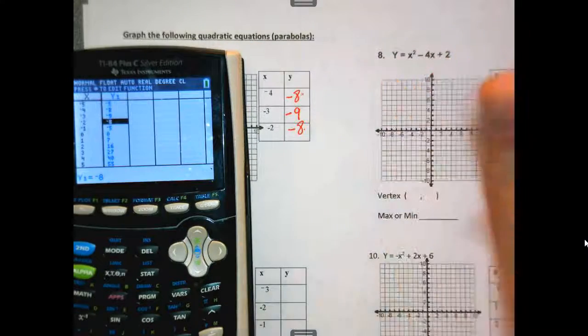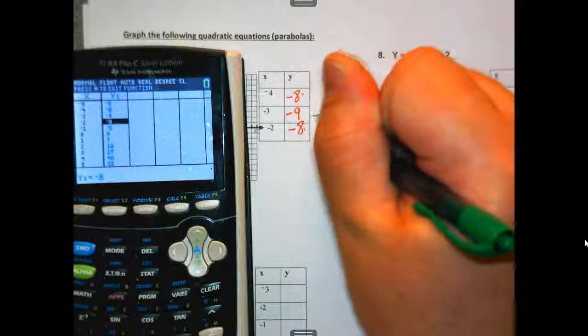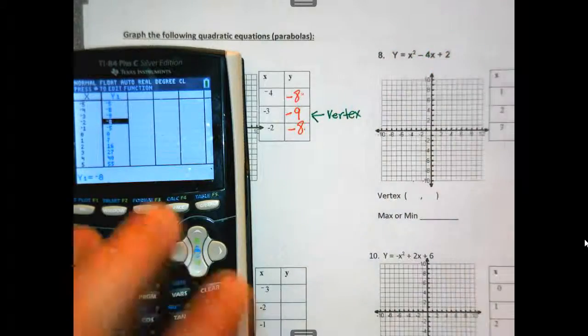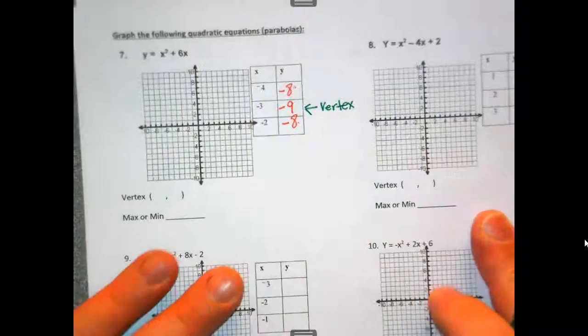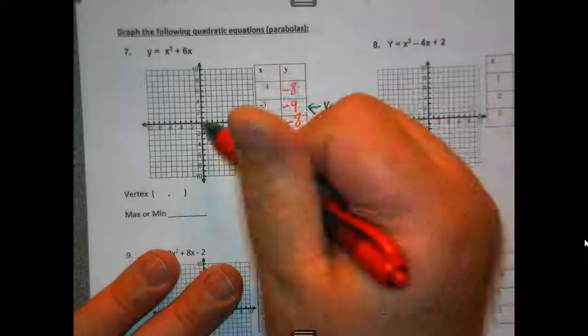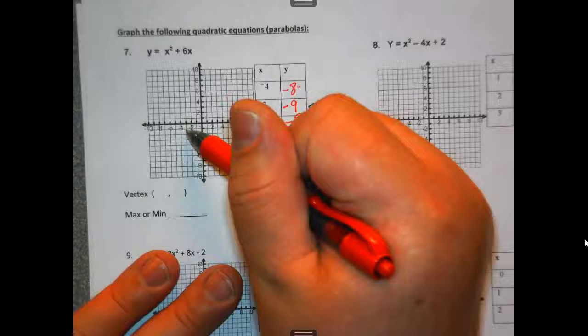So here, this point here, my vertex. Okay, so I'm going to graph this. -3, -9.